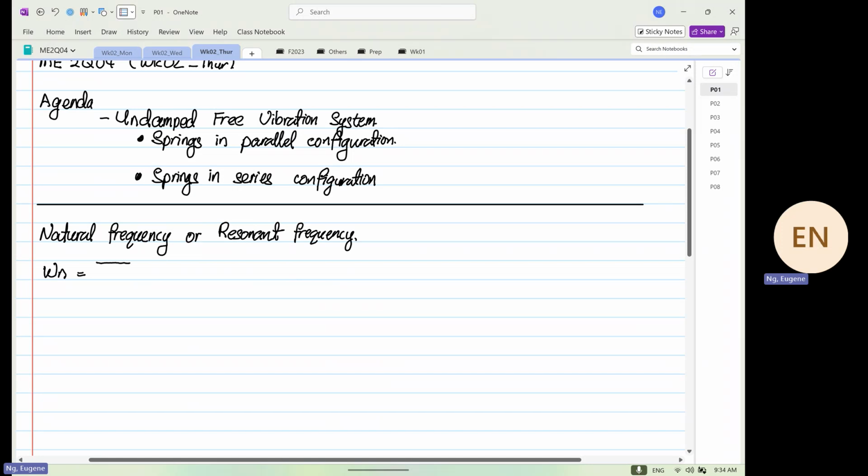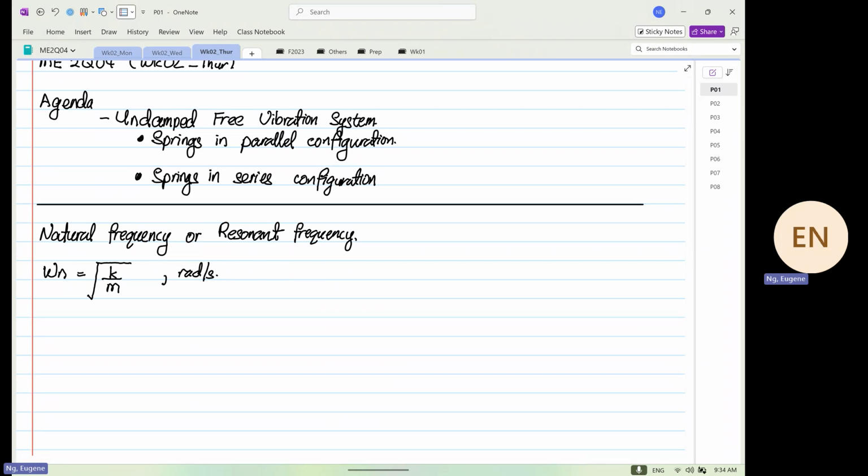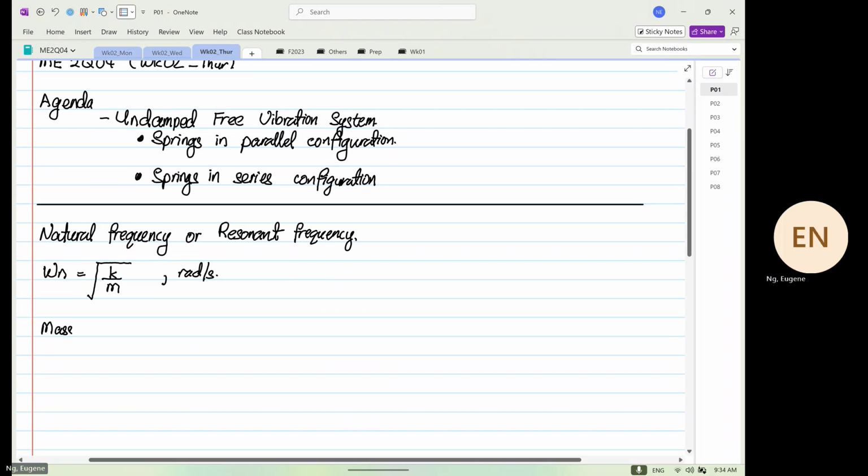And omega n is basically the square root of K over M. And the units is in radians per second. And we did an example yesterday where we have what? A mass, remember? A mass of 10 kilograms.